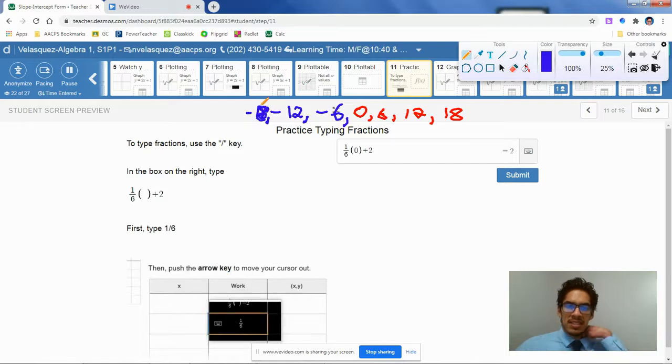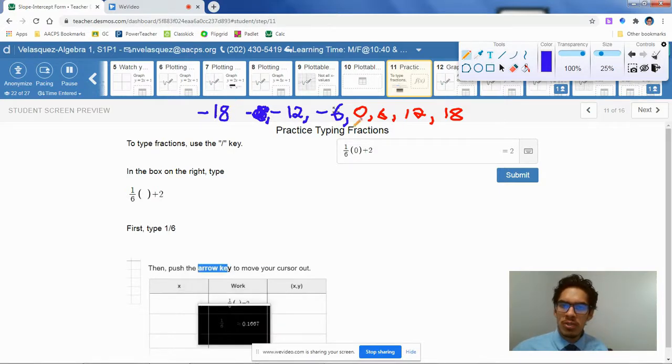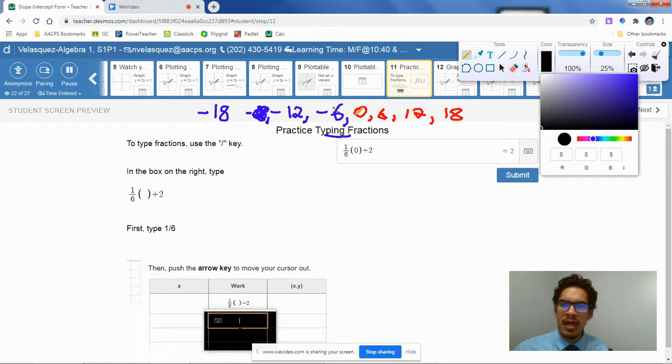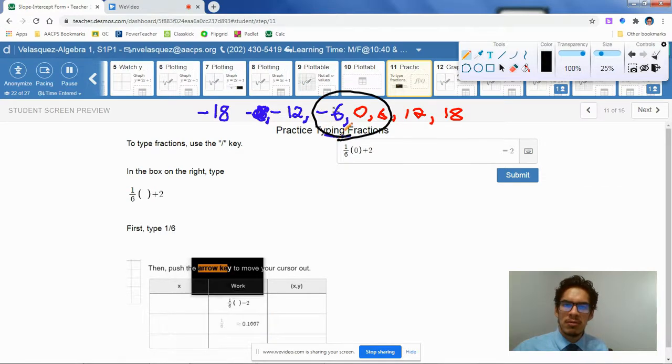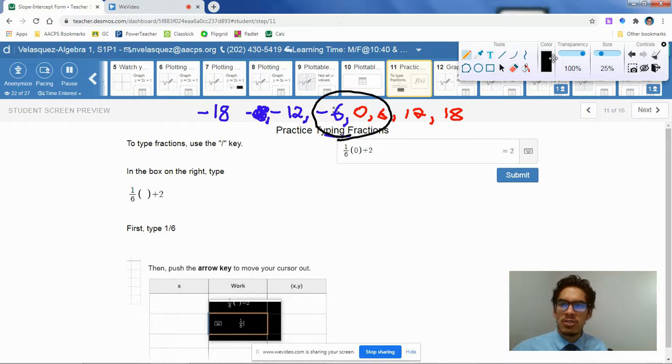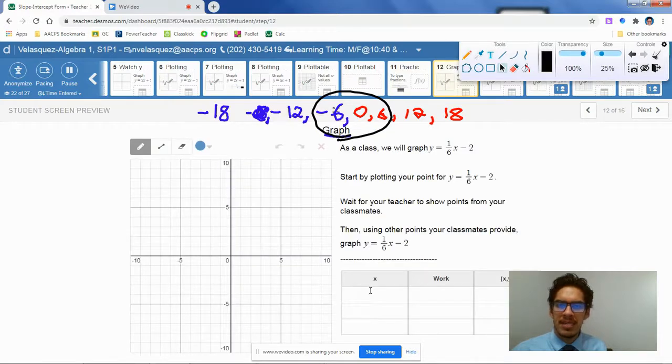Okay, now the success criteria only states that I pick 3 plottable numbers. So the 3 numbers that I'm going to choose are going to be -6, 0, and 6. Those are the 3 x values that I'm going to choose. So here I got my table.